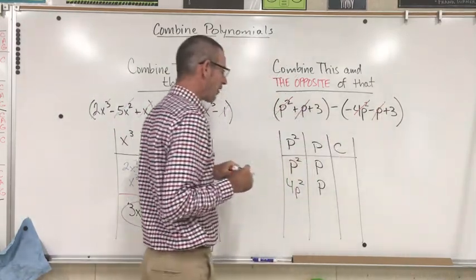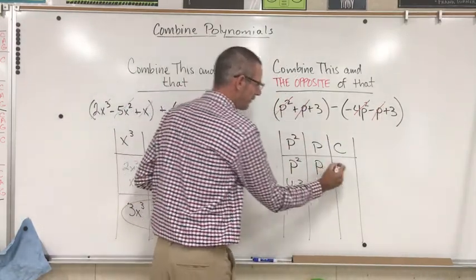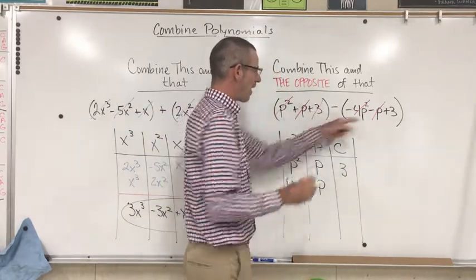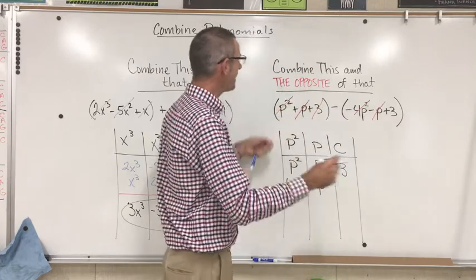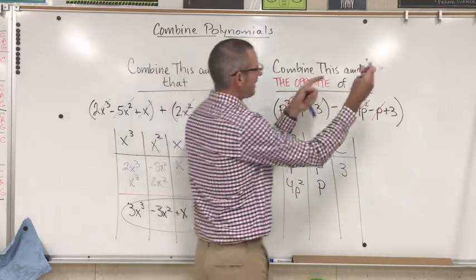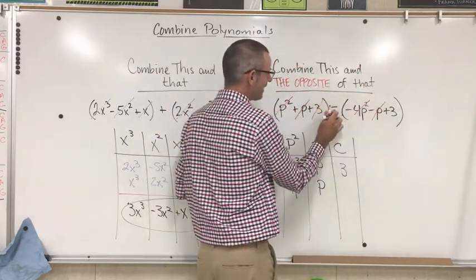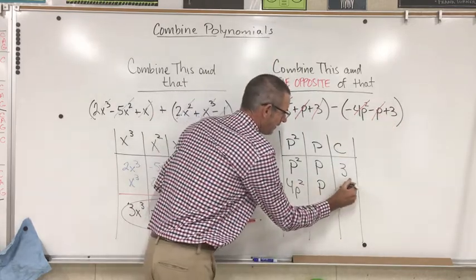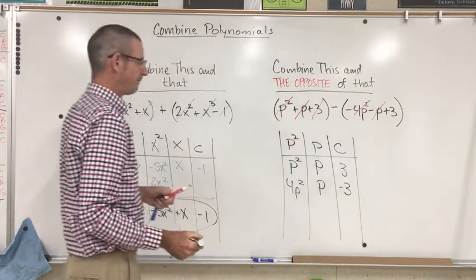All right, now to my constant terms. I have a positive 3. And it looks like I have another positive 3, except I'm combining this and the opposite of that. So this negative sign and that positive sign together make it so that I should write down a -3.